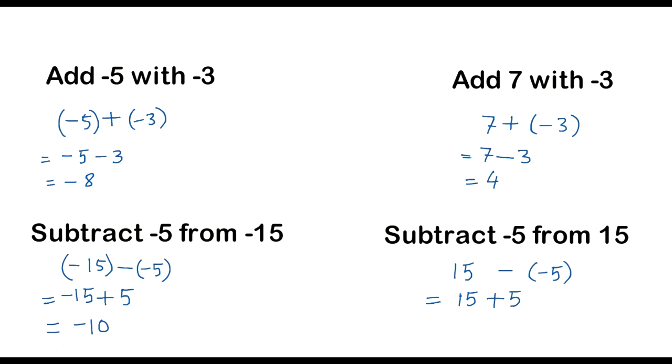Though you are subtracting, here we ended up with some addition because we have the same sign here. So 15 and 5 will add together and you will get 20 as a result.